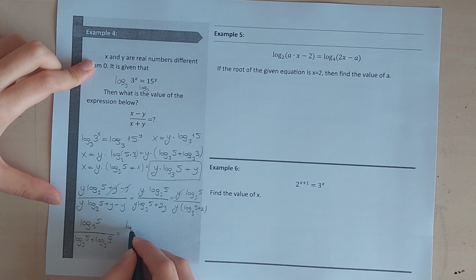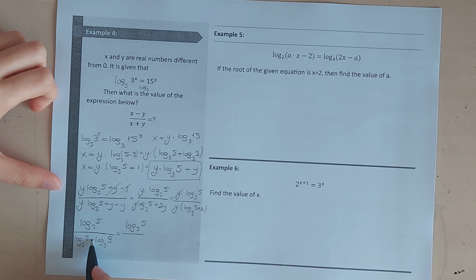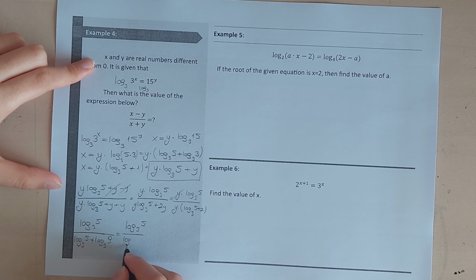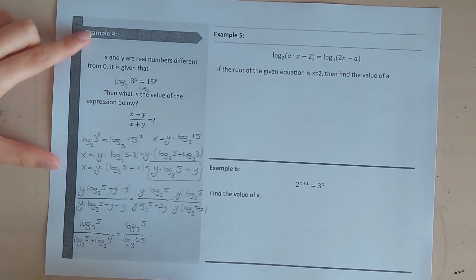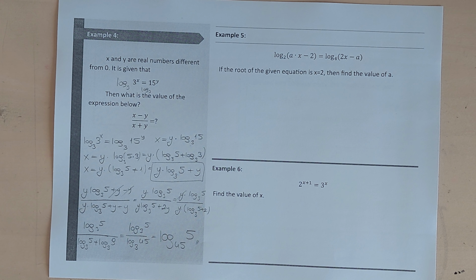And this expression becomes logarithm of 5 to the base of 3 over, since there is an addition, I can rewrite this as logarithm of 45, because 5 times 9 is 45, to the base of 3, and their bases are equal. Since their bases are both 3, I can rewrite it as logarithm of 5 to the base of 45. Yes, this is my answer.